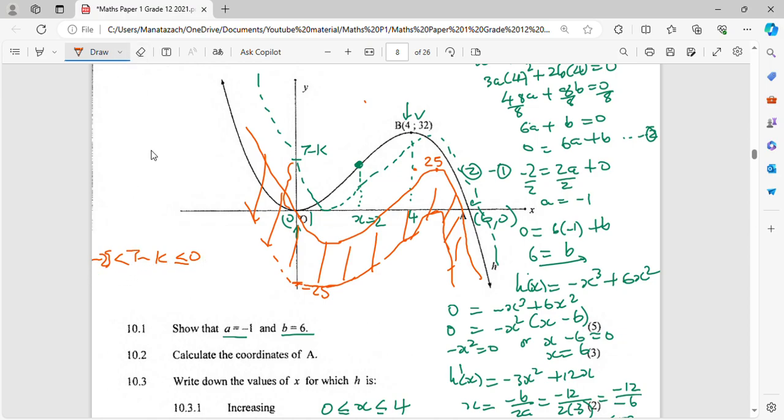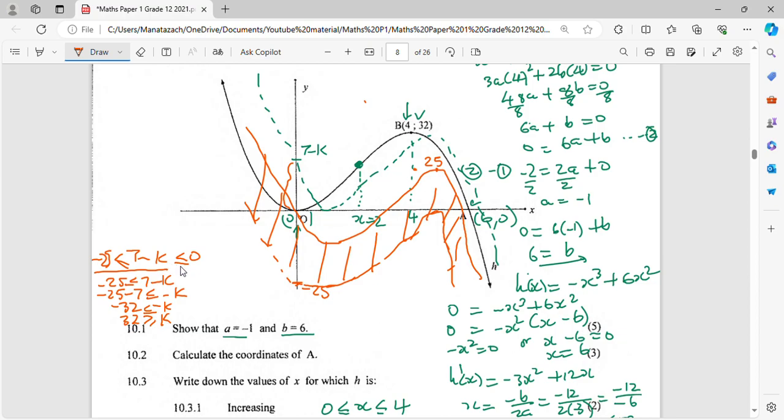So looking at this left hand side, we'll have minus 25 is less than 7 minus k. Taking 7 to the left hand side, that's minus 32 less than or equal to minus k. So if I multiply everything by minus 1, I'll have 32, then I will flip the inequality sign, and then I'll have something like this.